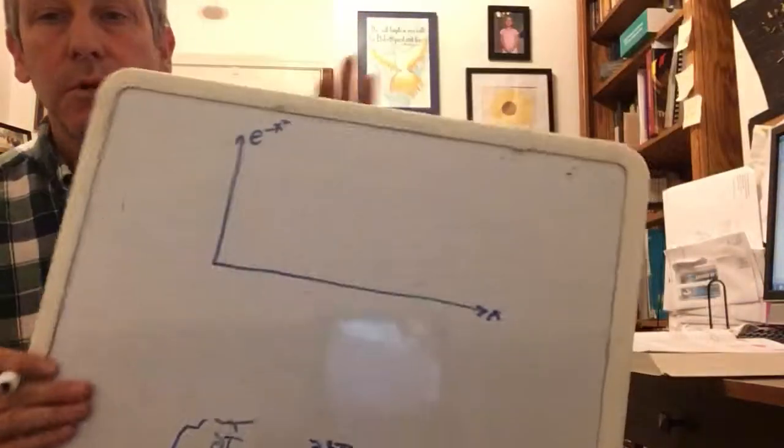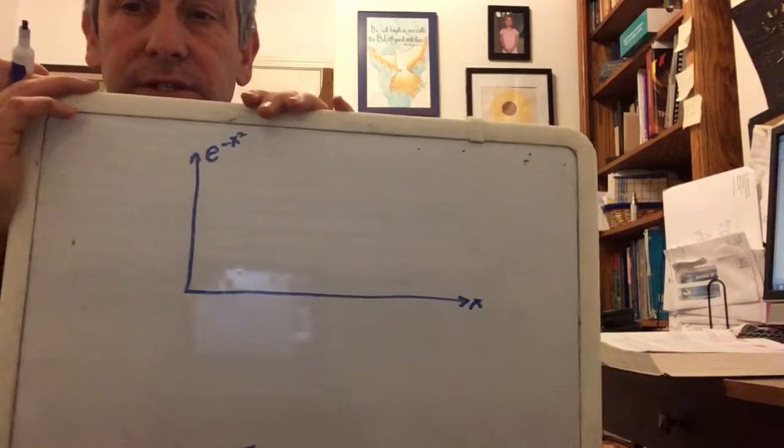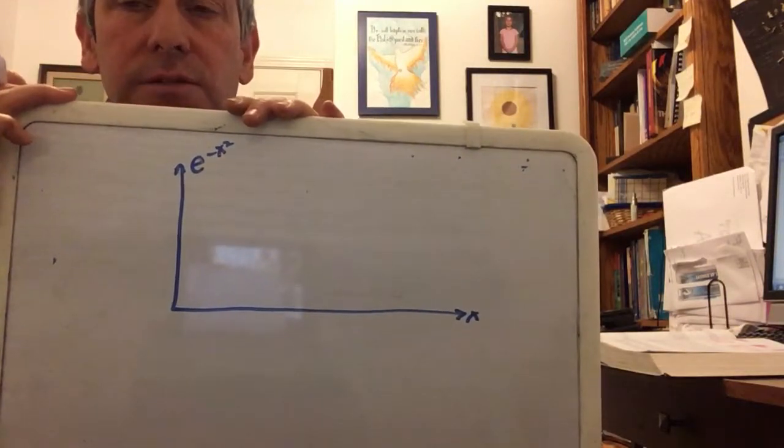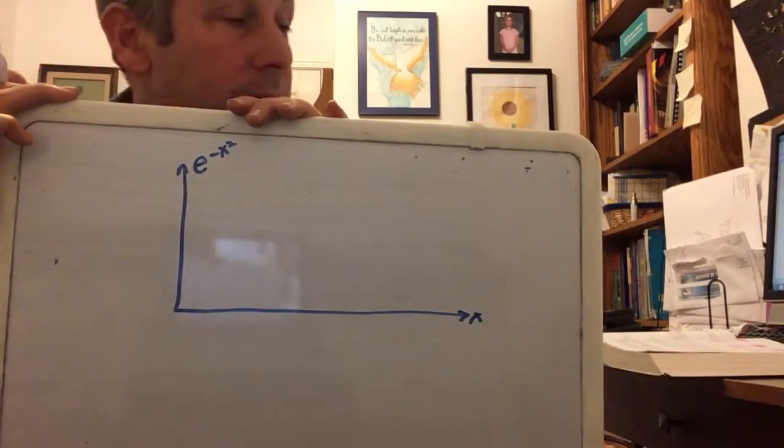So what I'd like you to do is just start by thinking about what a graph looks like. All right? So I'm going to put a okay. So a common graph out there in statistics in particular, e to the negative x squared. What does that actually look like? All right.